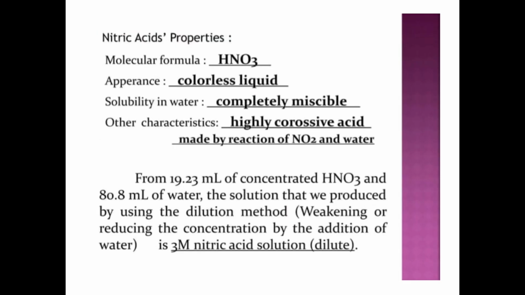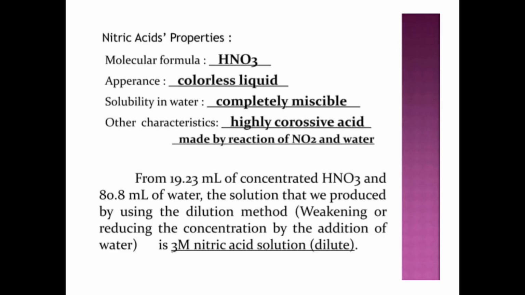So the molecular formula of nitric acid is HNO3. It is a colorless liquid, soluble in water, is highly corrosive, and so on. So from the 90.23 ml of conc HNO3 and 80.8 ml of water, the solution that we prepare by using the dilution method is 3 molar nitric acid solution.